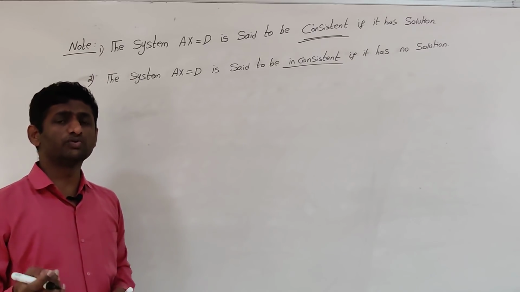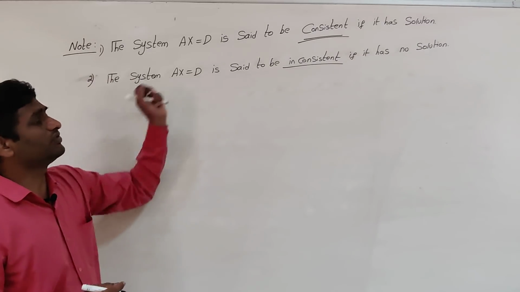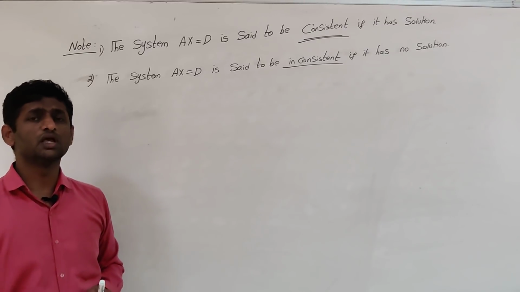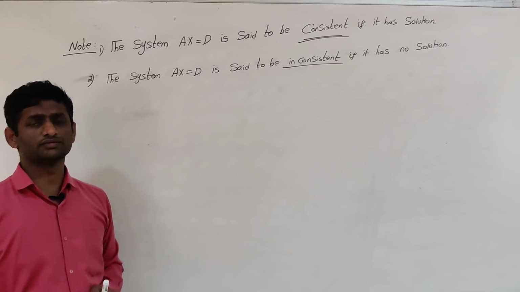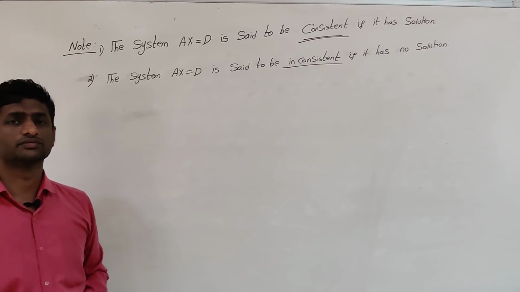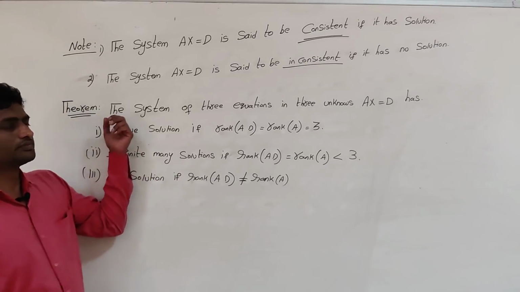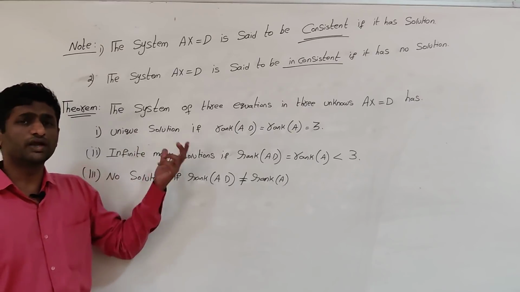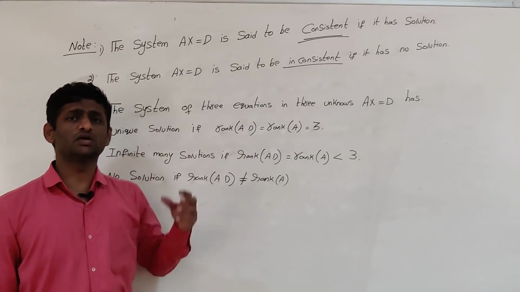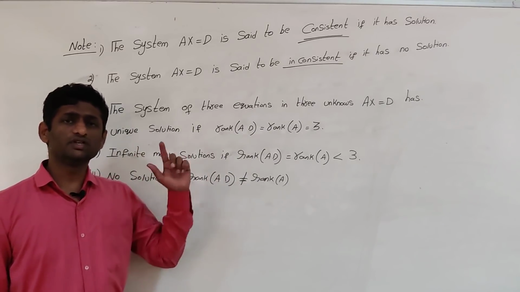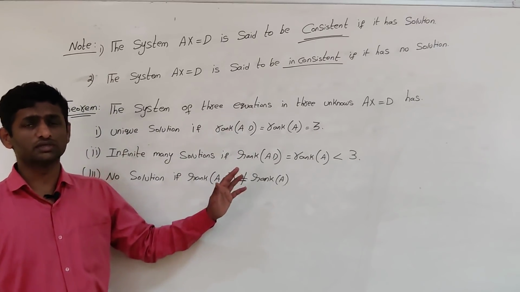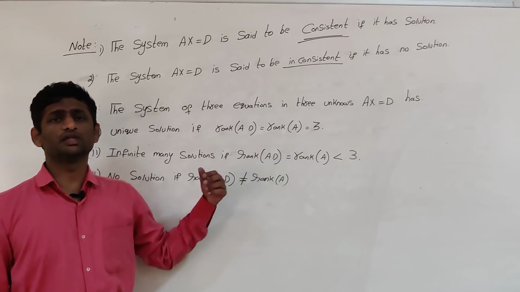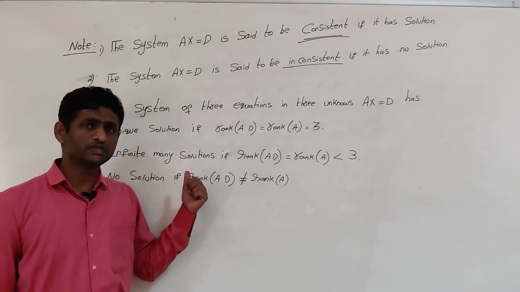So how do we find the solution? By using the rank method. Now we'll see how to find out whether it is consistent or inconsistent. If it is consistent, it should have a solution. If it is inconsistent, then there is no solution. So we'll see one theorem.